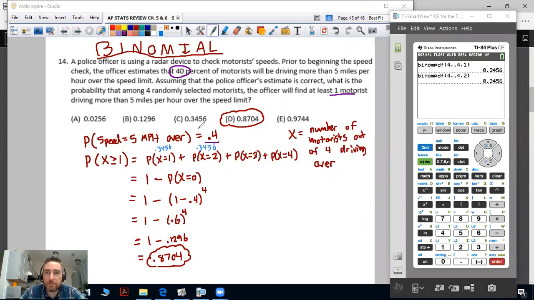And we'll do 3. 0.1536, and we'll do 4. 0.0256. So let me write those things down: 0.3456, 0.3456, 0.1536, and 0.0256. So if you add those 4 numbers together, you would have your answer.